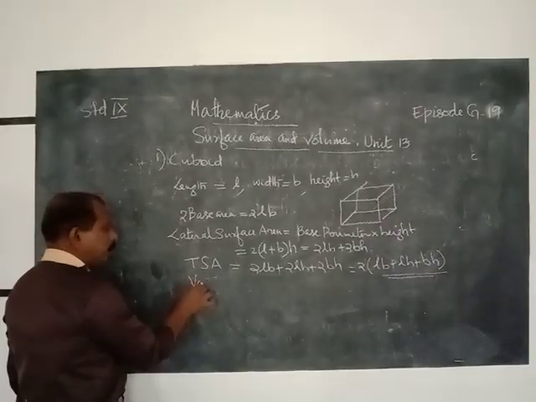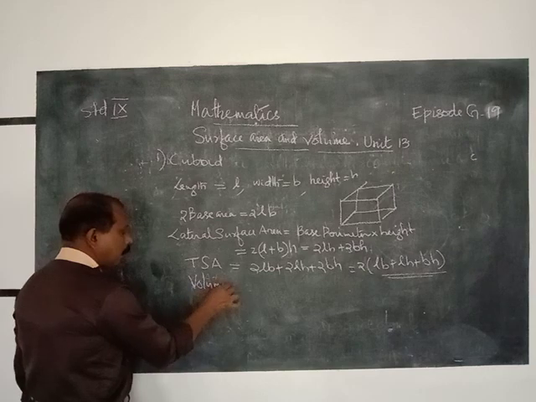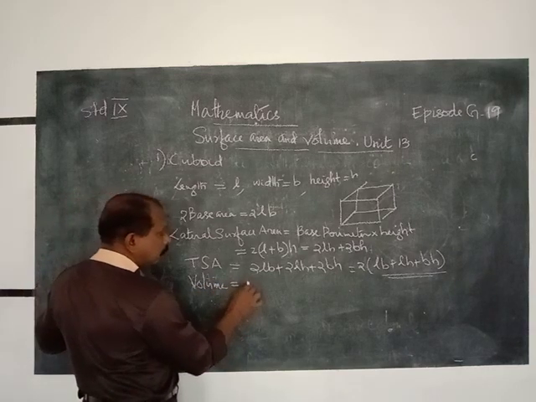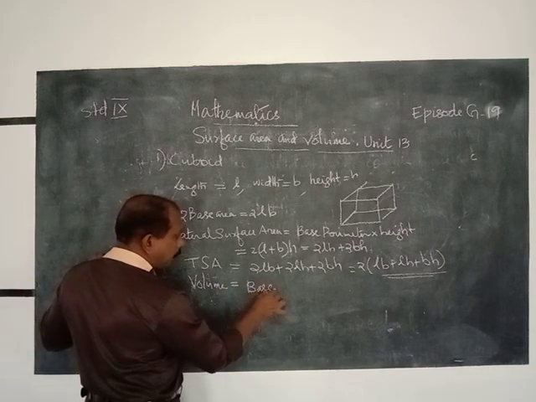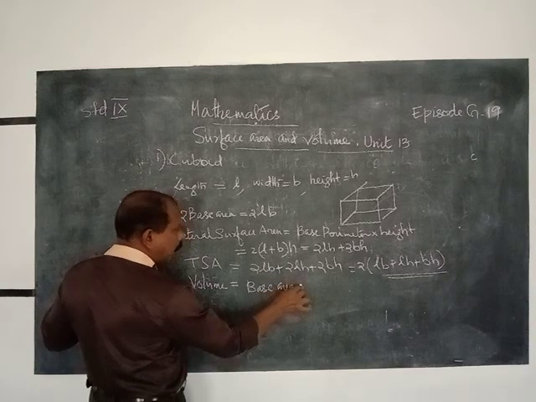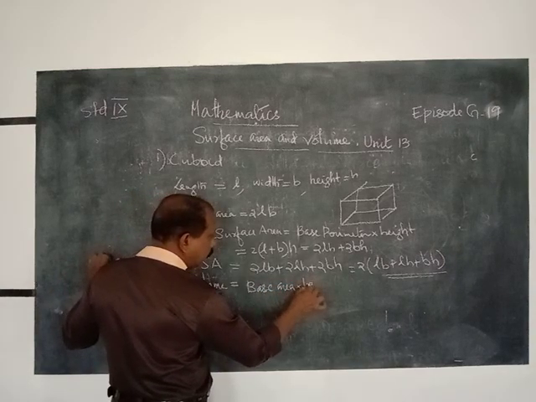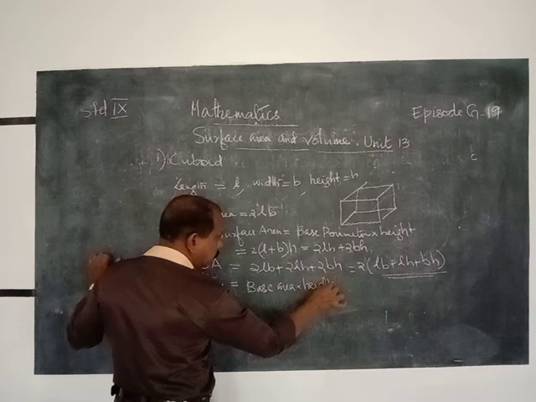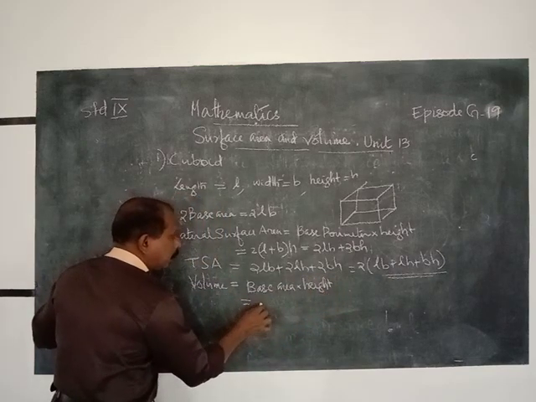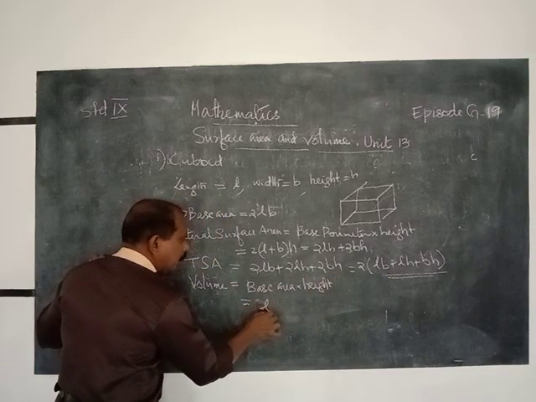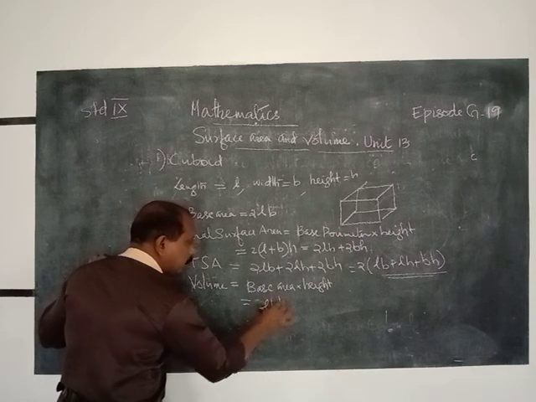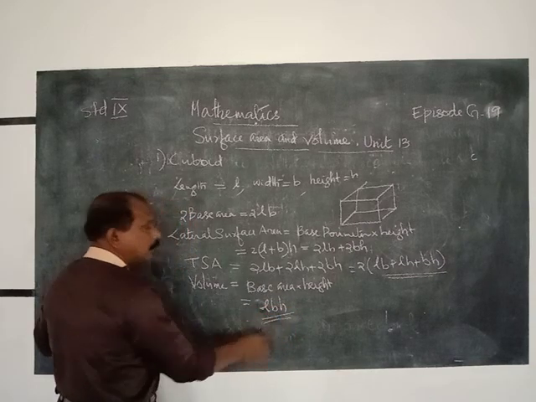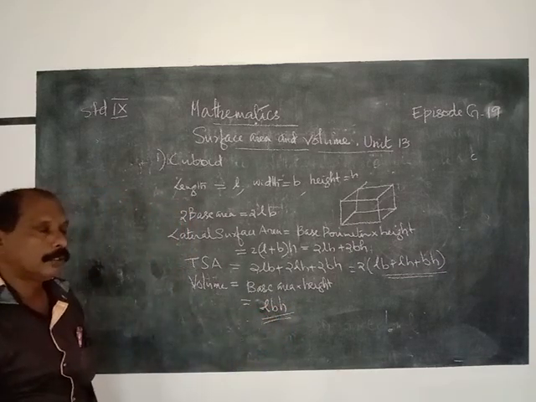Then volume is always base area into height. That is the basic concept. What is base area? LB into height. That is LBH. That is the volume of a cuboid.